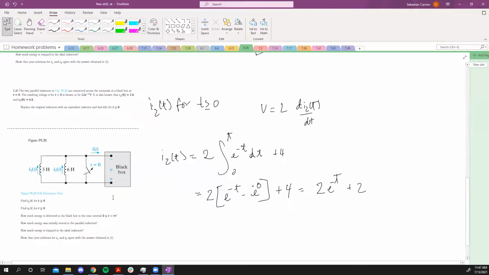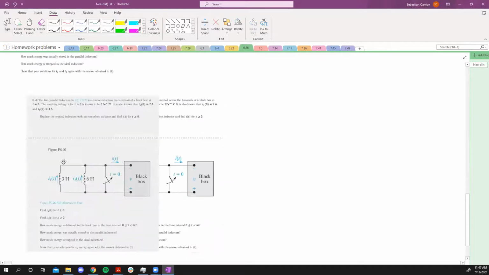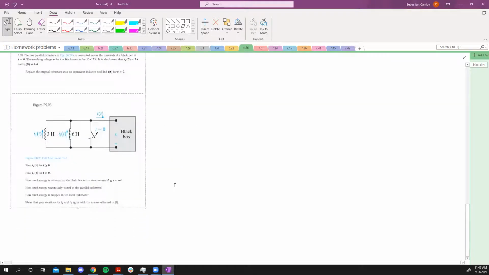All right. So now we want to calculate the energy delivered to the black box.